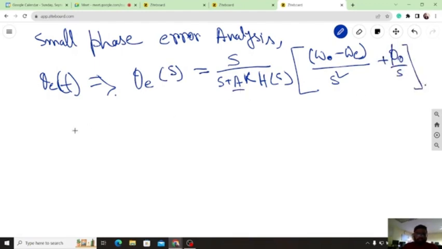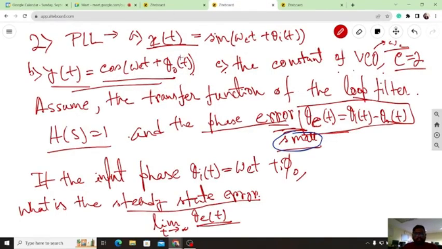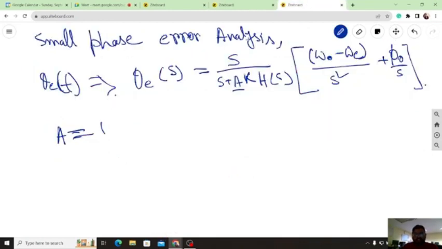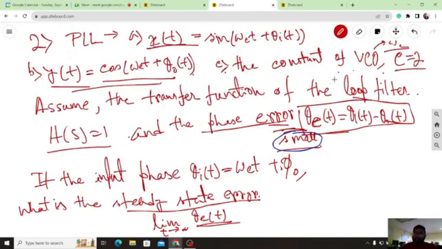So what is A here? A is equal to 1, because A is the amplitude of this x(t) and it is 1 here. And also c is 2, given in the previous statement.